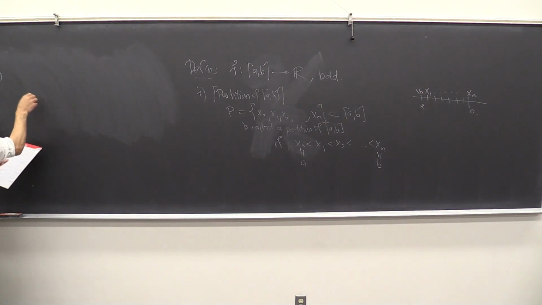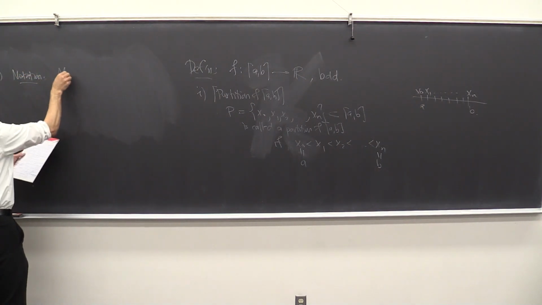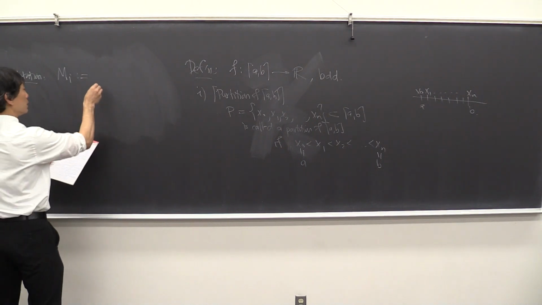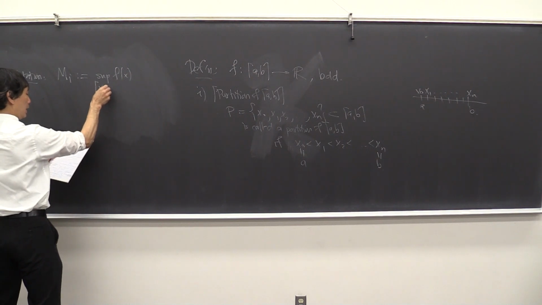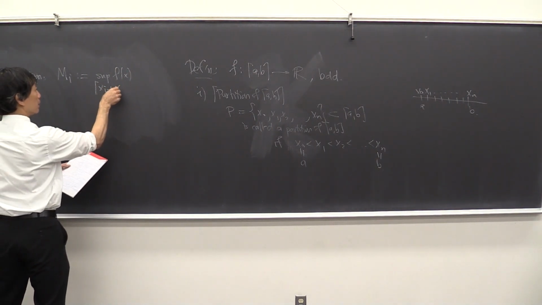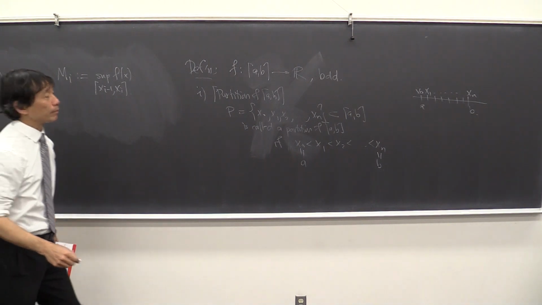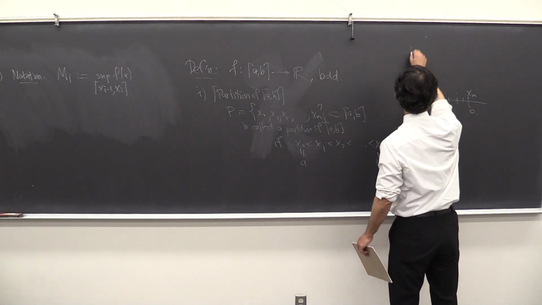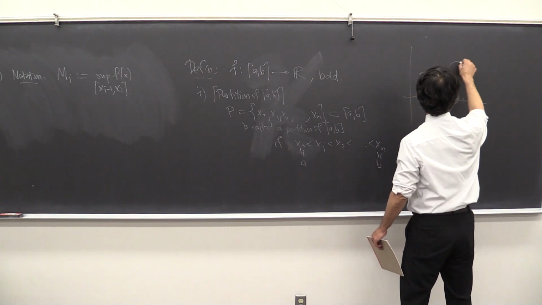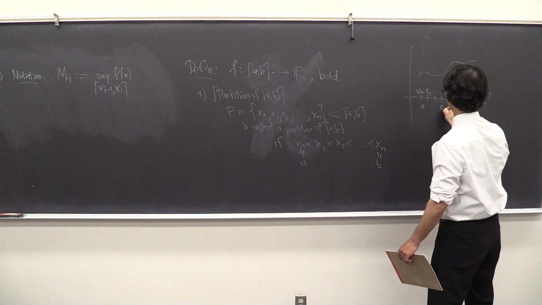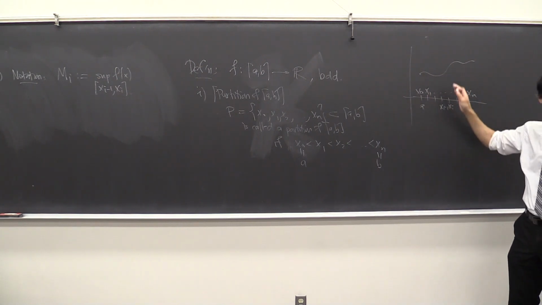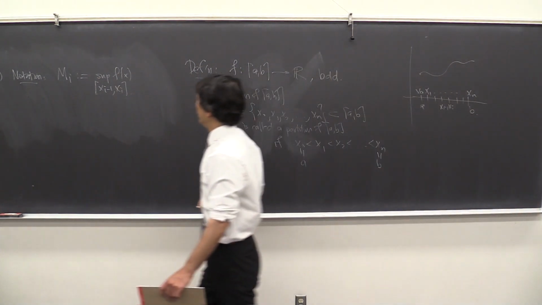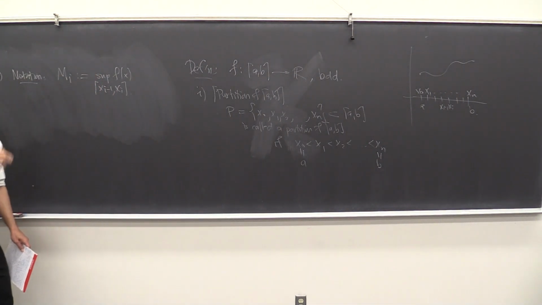So, some notation. Let capital M sub i be the supremum of f on [x_{i-1}, x_i]. Okay, so you have some function on this interval, and for the ith interval, M sub i is the supremum on the ith interval, the highest, biggest value on the ith interval.